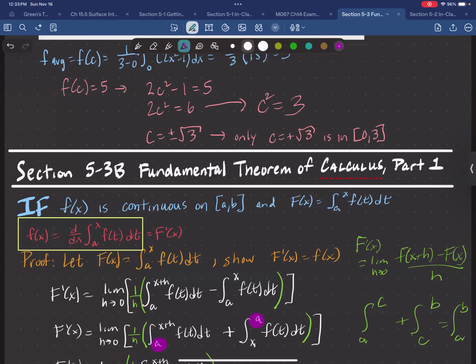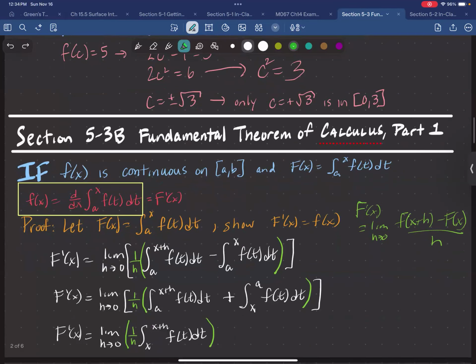To match that up, x plus h is my b, and x is my a, and these are my c's. It looks like it's sitting in the wrong order, but when I do that, I can compress it down to this.